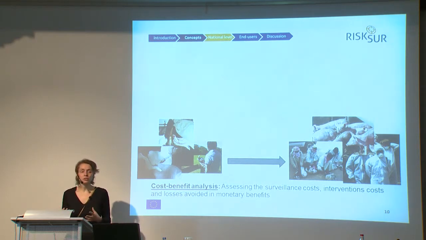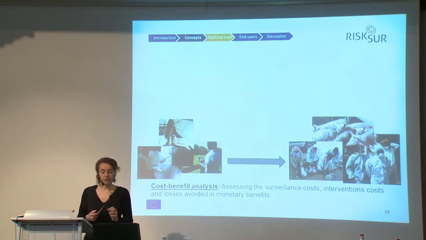It's possible to do, but it is very time and work intense, because we are looking sometimes at very complex disease dynamics, and we need good epidemiological models to make predictions about what will happen with or without our control over time. So conceptually, it's straightforward, but effectively doing it is a lot of work and very data intensive.